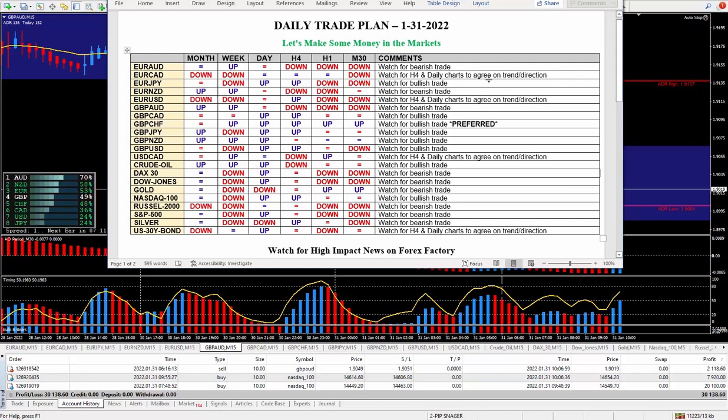Now if you're not putting together a daily trade plan, and you must do this at the beginning of whichever session you're going to trade. So if you're going to trade London and then New York, you have to do one for London and then you have to redo it again for the New York.